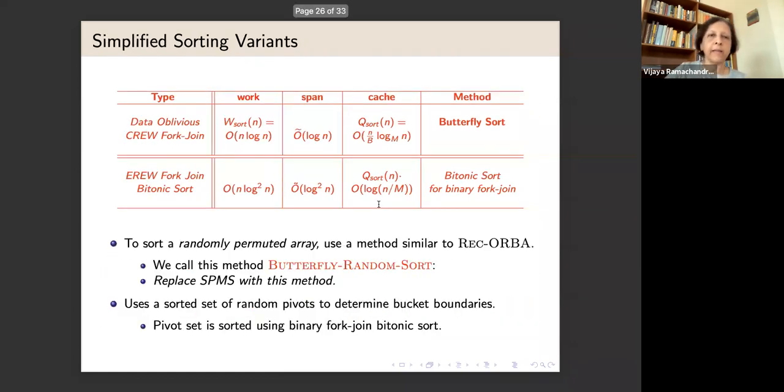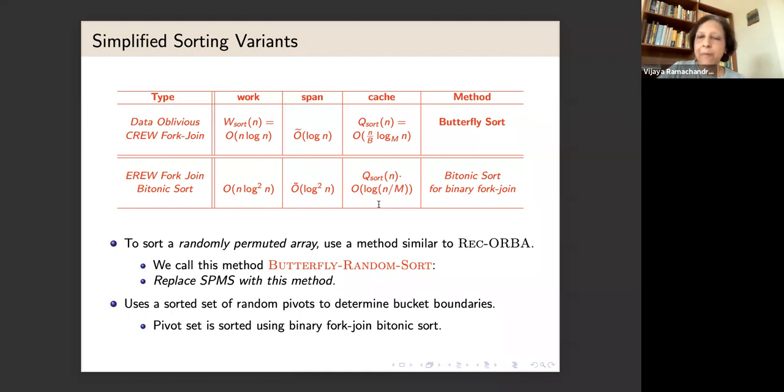Now, our sorting variant, here it is. What we will do is a simpler version of sorting. Instead of SPMS, we observe that we are using the full power of SPMS to sort a randomly permuted array. Instead, we'll use a simpler algorithm for sorting the randomly permuted array.